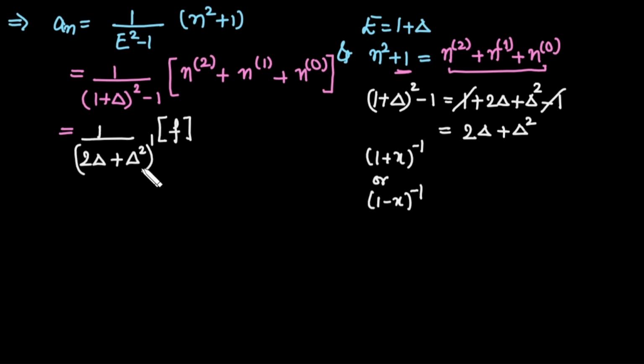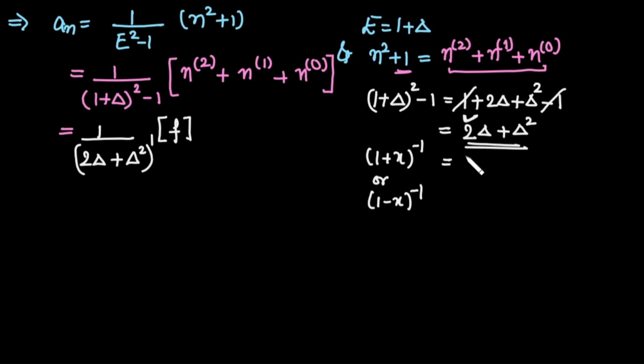So we will go with either plus x form or minus x form, but we need to create a 1. For that what we can do, we can take the lowest power of delta outside along with its coefficient. In this case the lowest power is delta. So we will take this delta outside along with its coefficient. If it contains a negative sign, also take that outside.